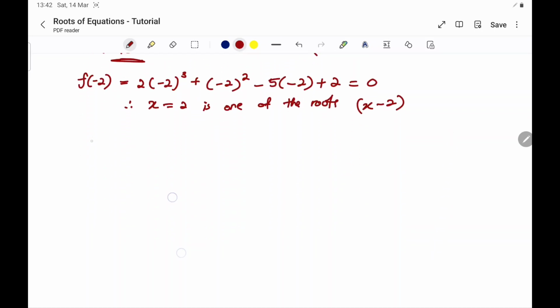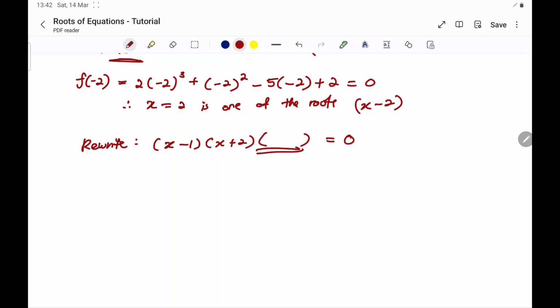So we rewrite this, where you got x minus 1, another one is x plus 2, and we have another one that we don't know here. We want to find this one. So how to find this one?